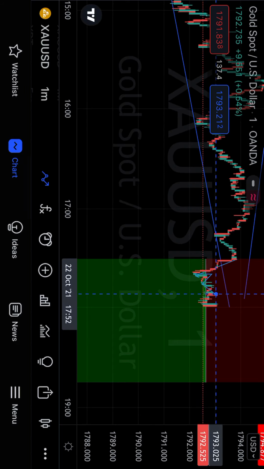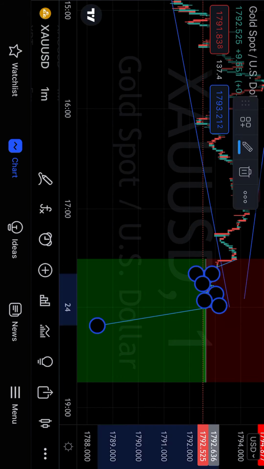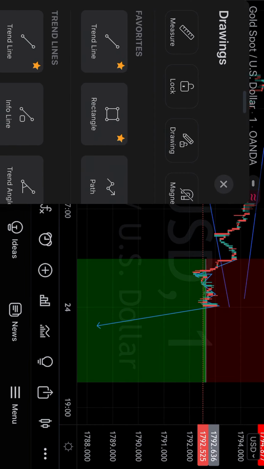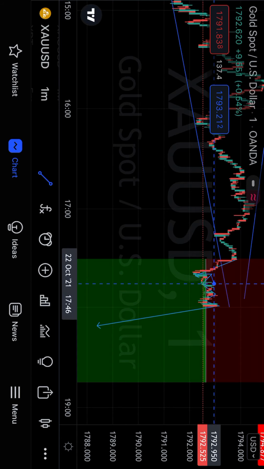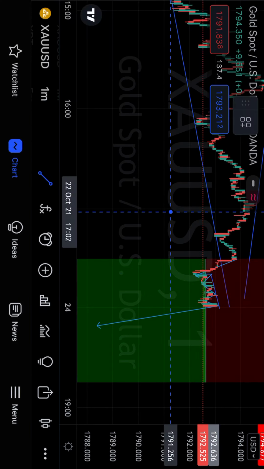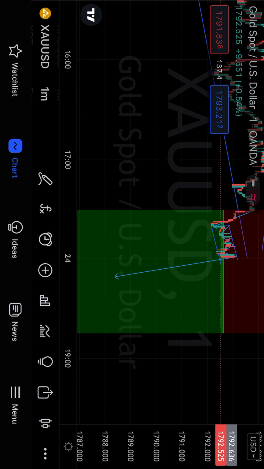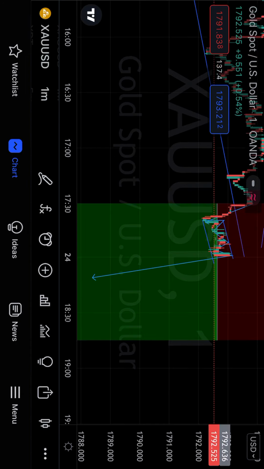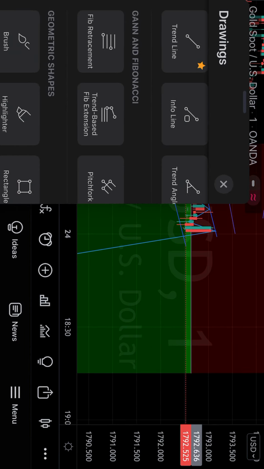Just take a look at this little beautiful correction for a continuation to the downside. Look, this is a flag pattern, right? With this tweezers top candlestick.